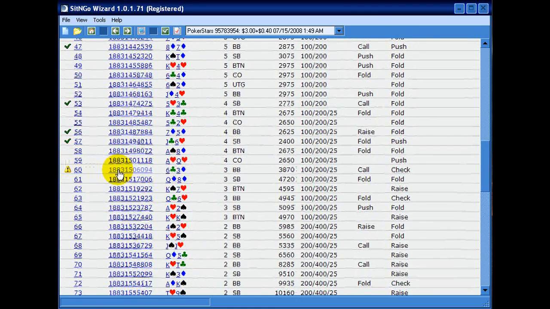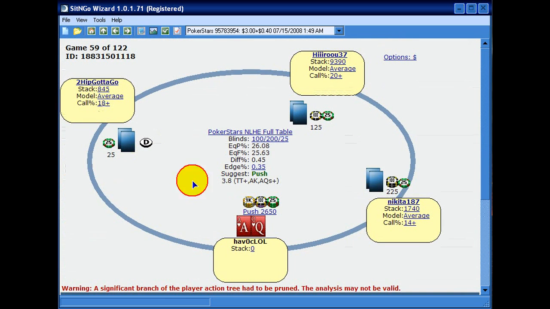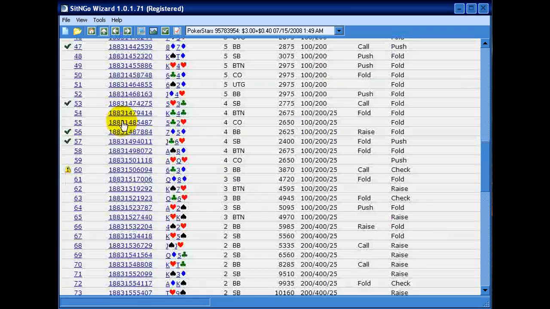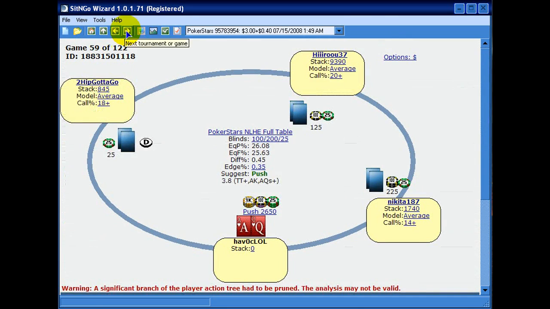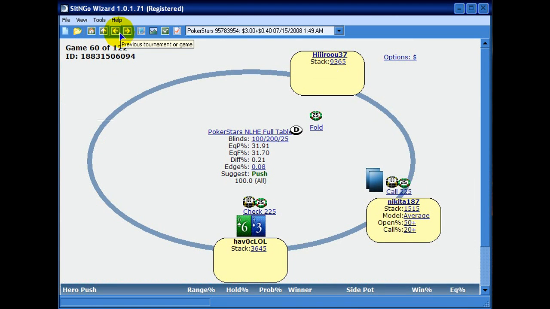So let's just continue. I think ace queen suited. I pushed and someone called me and busted out. It was probably 2 hip gotta go, and we can see that it was. Right, so here we have small blind completing for 50% and calling for 20%. If you just think about that, that's probably not the truth.